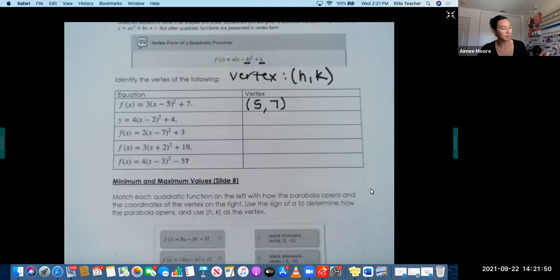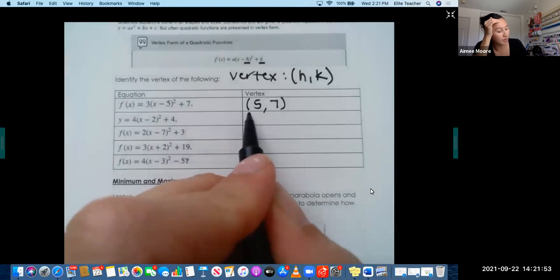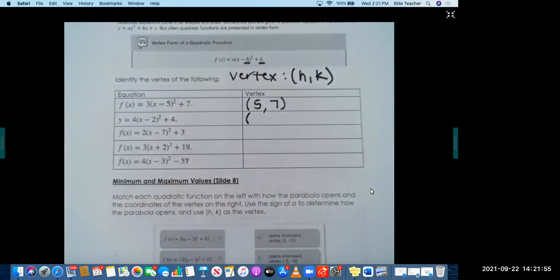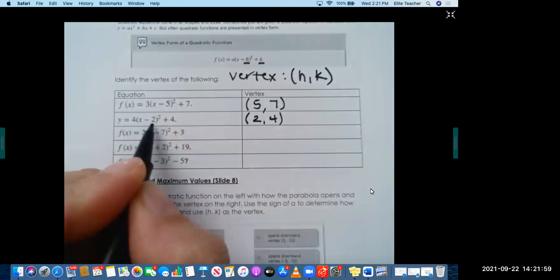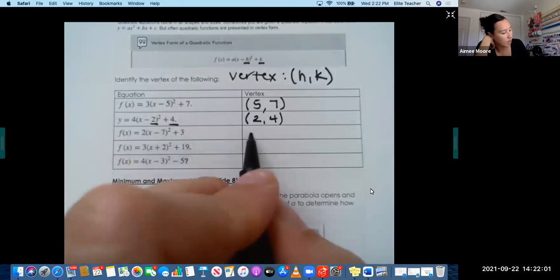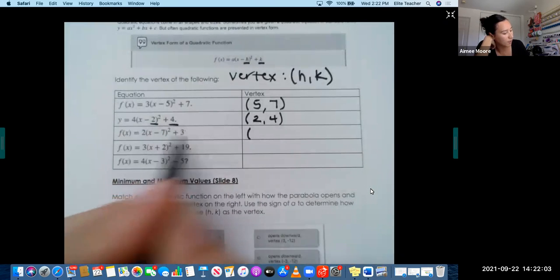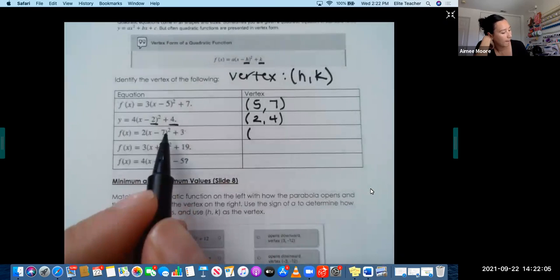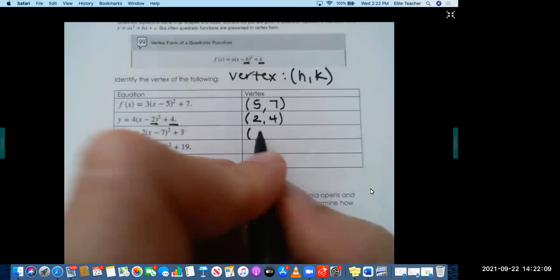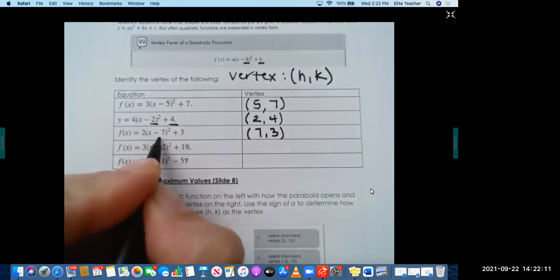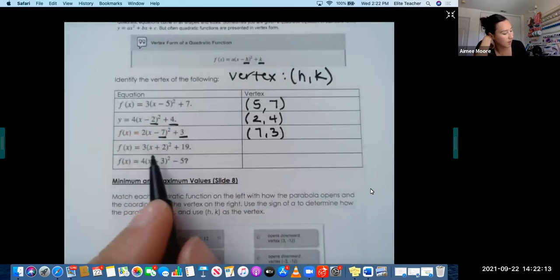Okay, Jasmine, can you tell me what the vertex is for the second one? 2, 4. Excellent. h is 2, k is 4. John, can you tell me the vertex of the third one? 7, 3. Excellent. h is 7, k is 3.